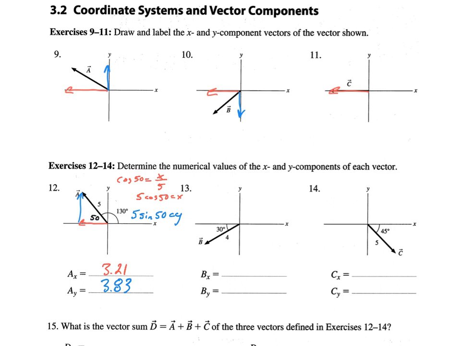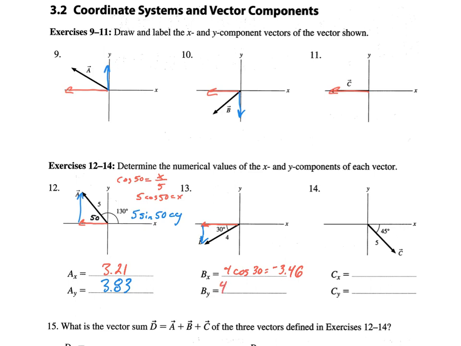Let's do the red here and the blue. Remember, it's going to be 4 times the cosine of 30, and that's going to equal negative 3.46.